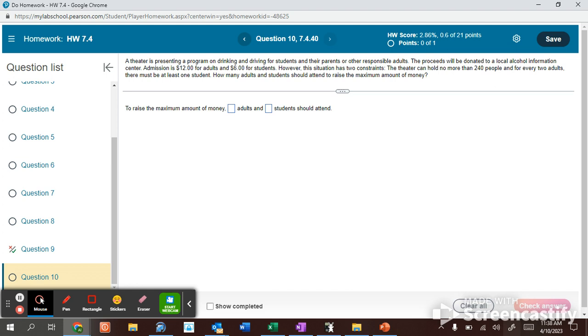Okay? Now, for every 2 adults, there must be at least 1 student. So for every 2x, there must be at least, so less than or equal to 1y. Okay? For every 2 adults has to be at least, so that has to be less than or equal to 1 student.